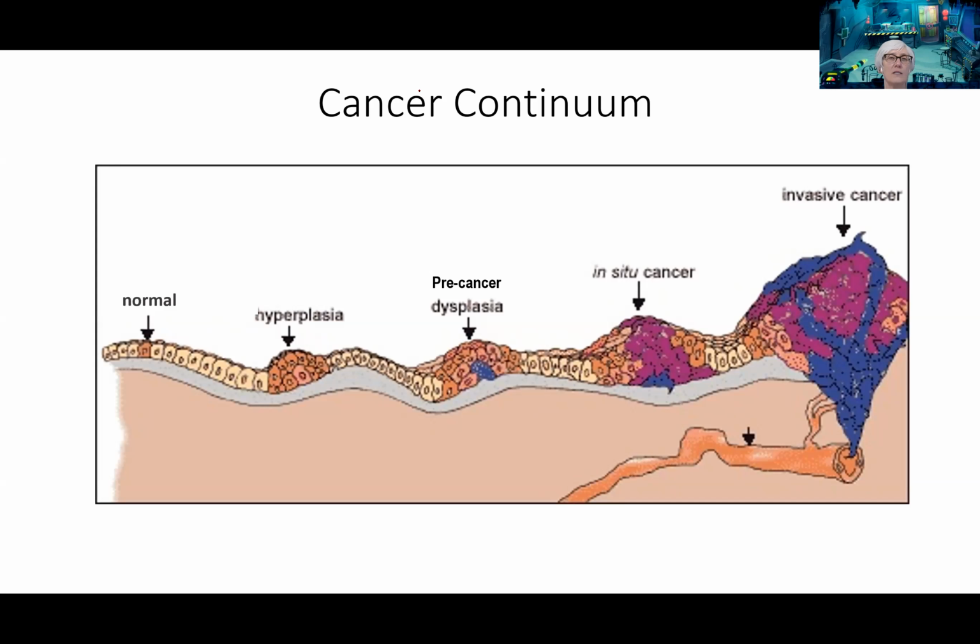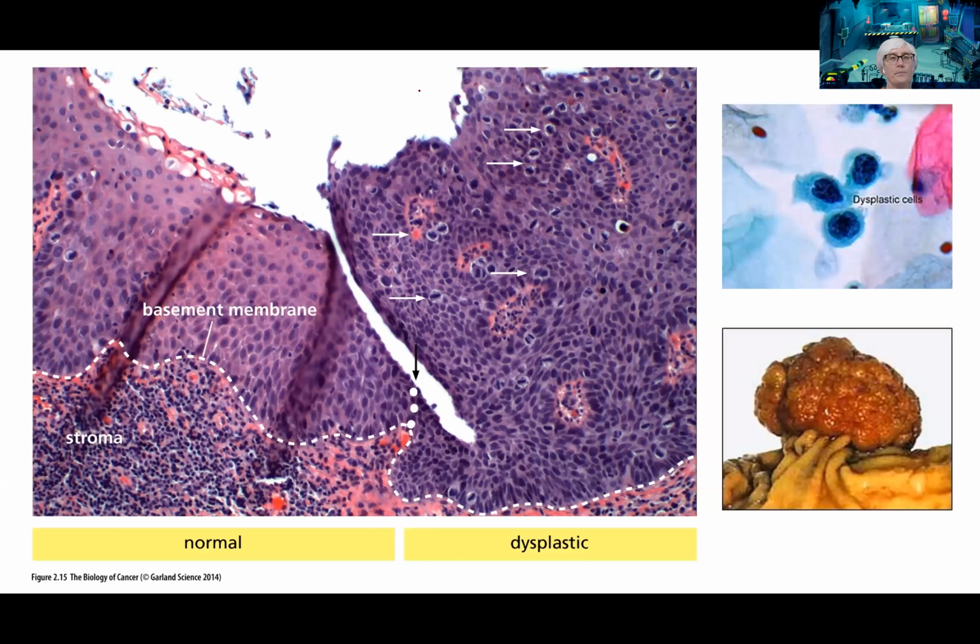We know that some percentage of dysplastic cells will develop into cancer. So rather than testing to see how many will, we just treat the dysplasia and/or remove the dysplastic tumor so that it doesn't have an opportunity to develop into full-blown cancer.